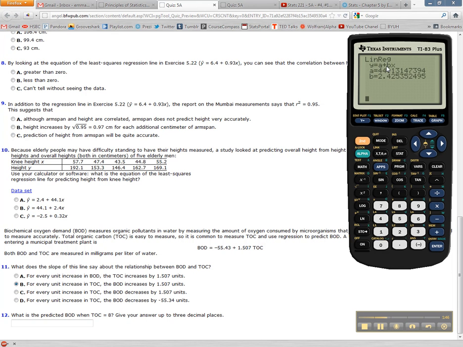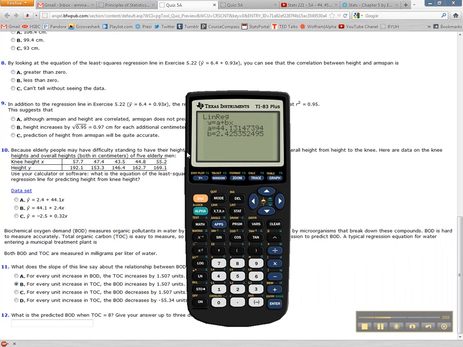So you have your information now to find the equation of the line. If it's y equals a plus bx, you know that a is 44.13 or 44.1, and b is 2.4253. So looking at your options here, b is 2.42, so 2.4, and a is 44.1. So your answer is B.